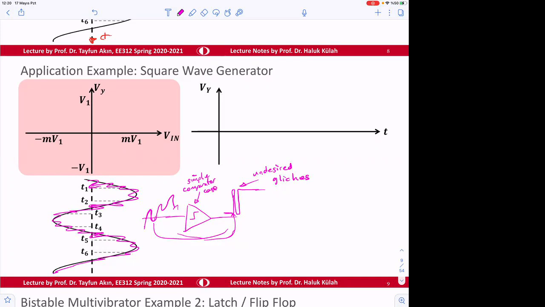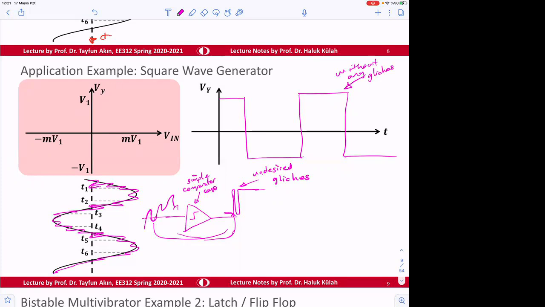So in our circuit, however, this is going to be happening without any glitches.